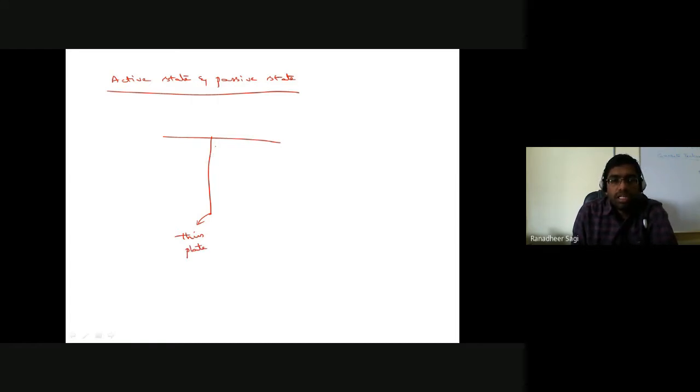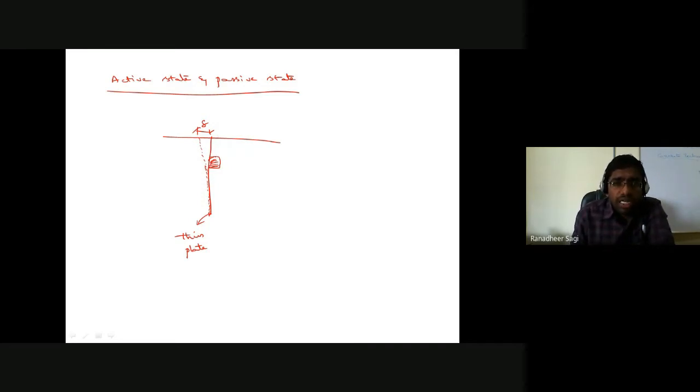If this is a soil element, due to the pressure coming from the soil on the retaining structure, if the retaining structure is getting rotated or displaced like this, it indicates that your retaining structure is moving away from that soil element. Let's say the displacement at the top of the retaining structure is delta.